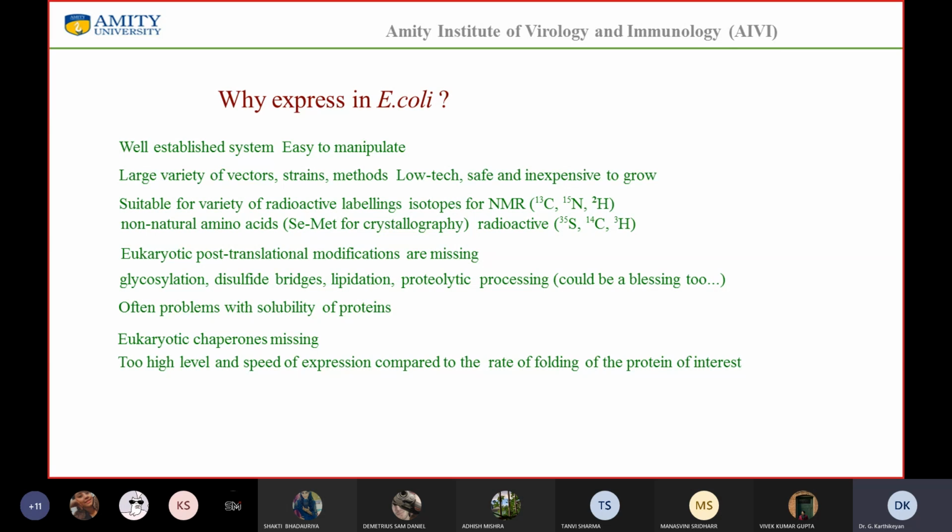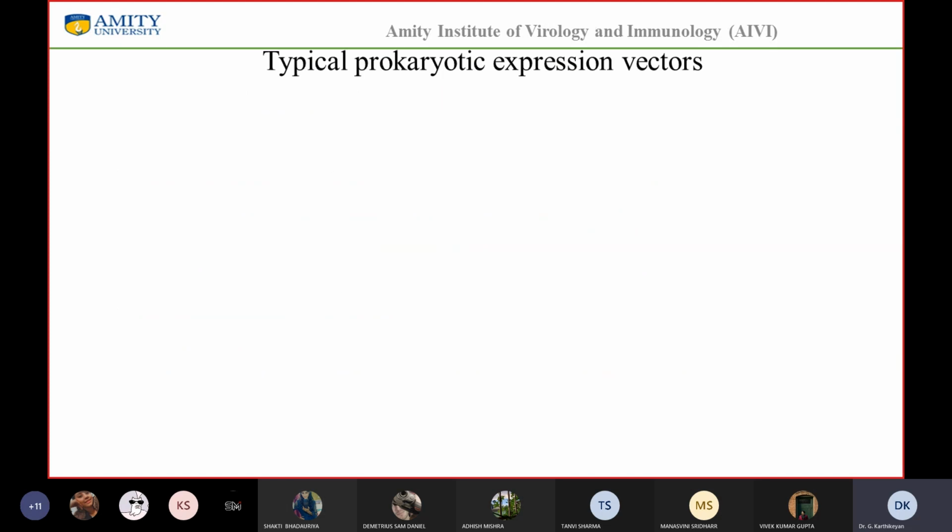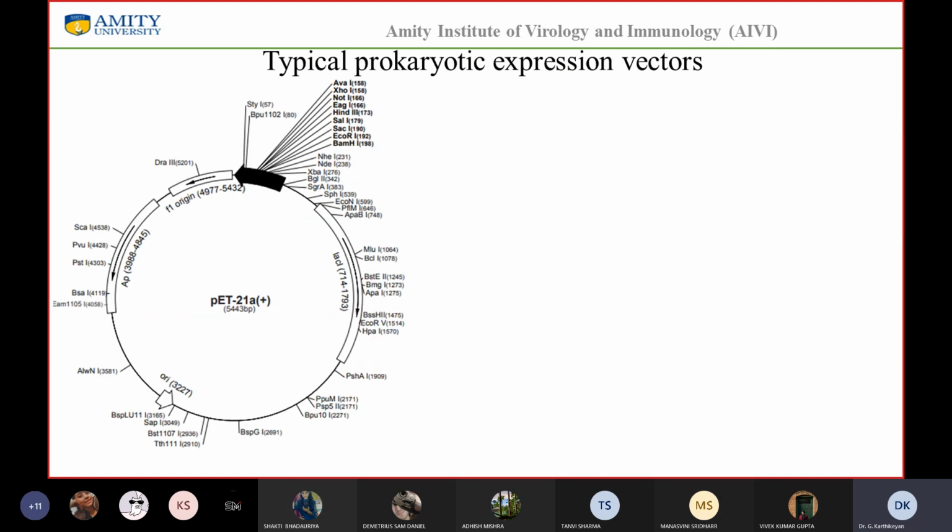For example, as we saw in the cloning strategy, you will use IPTG, isopropyl beta D thiogalactopyranoside, for inducing the expression. Sometimes people use different concentrations of IPTG. Sometimes people use different temperatures to express genes of interest. So these are some things that people use.